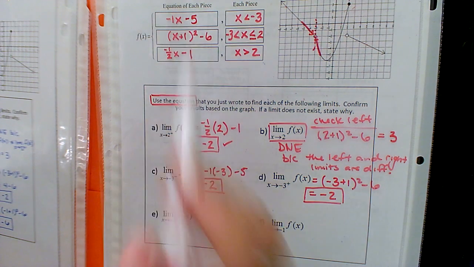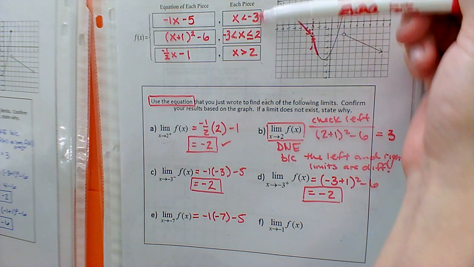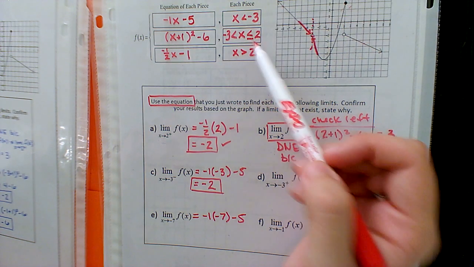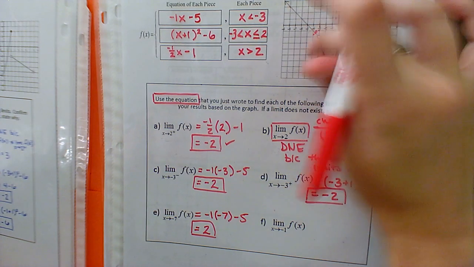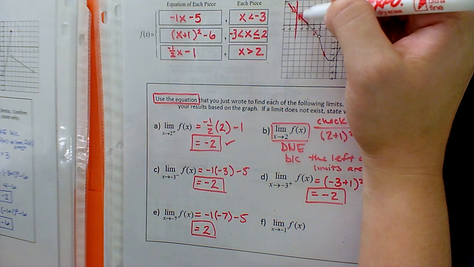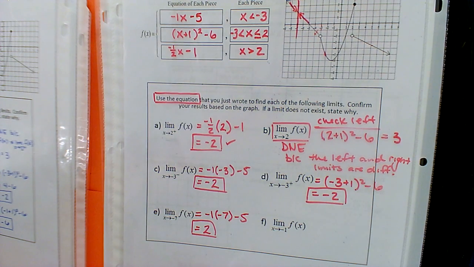So we only really need to check this one equation because we're not bouncing between -7 anywhere in our constraints. We're only bouncing between -3 and +2. So 7 minus 5 looks like we get 2. Graphically speaking, -7 somewhere right here, approach from the left, approach from the right, looks like we have that height of 2.